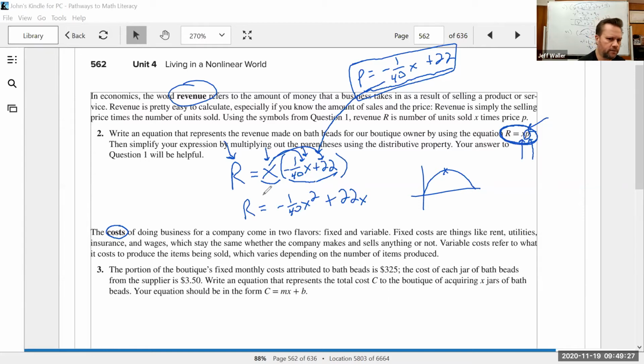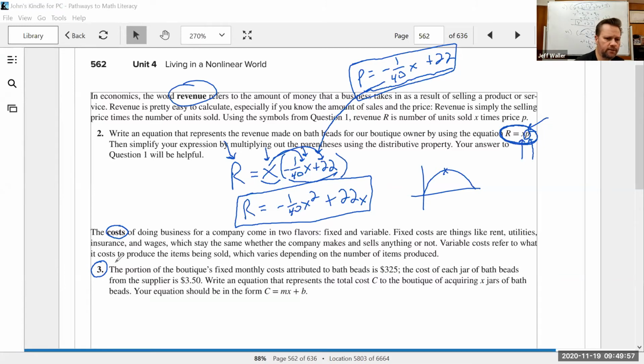So let's put that on hold for a minute. There's my revenue function. We've got the revenue function all figured out. Try to do number 3 down here. This is another one just like the first problem we did, but now we're trying to figure out the cost. This one's a little bit easier than the first problem because they just kind of directly tell me what I need.